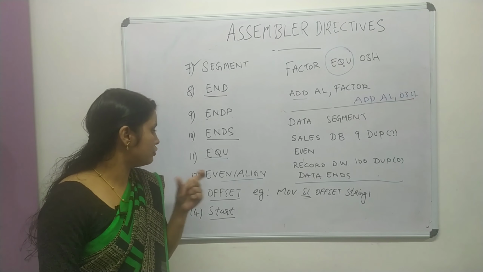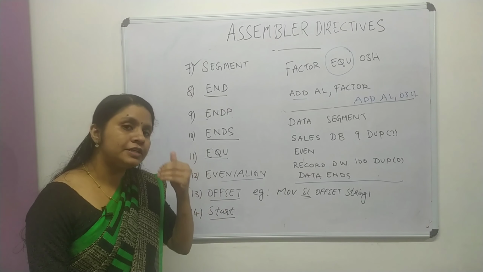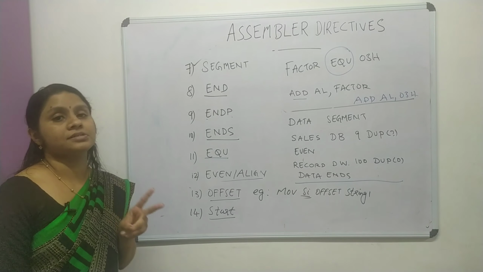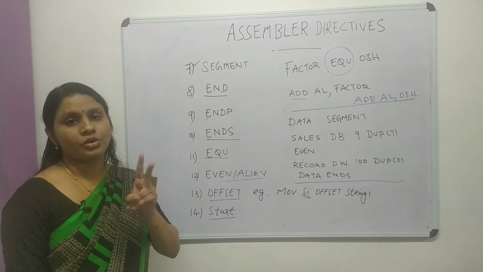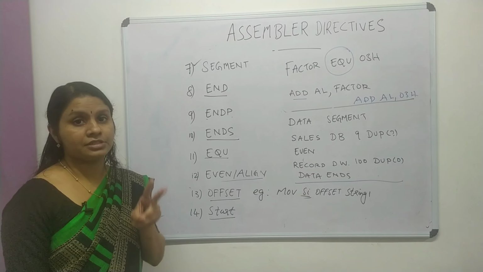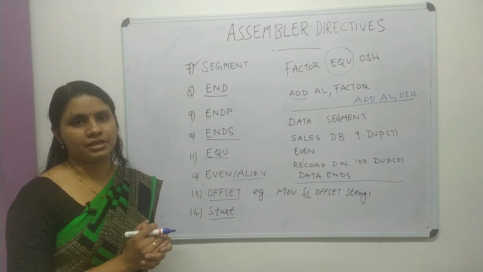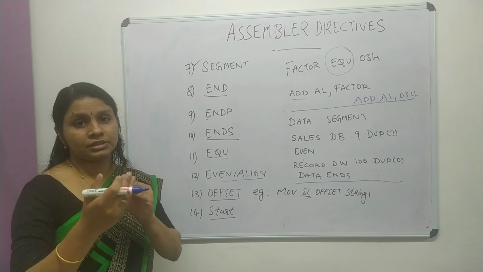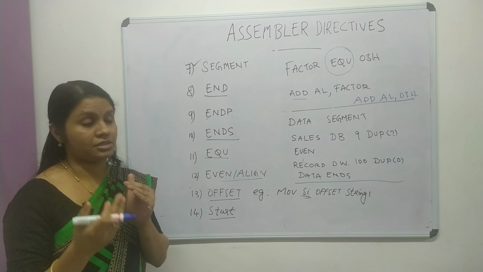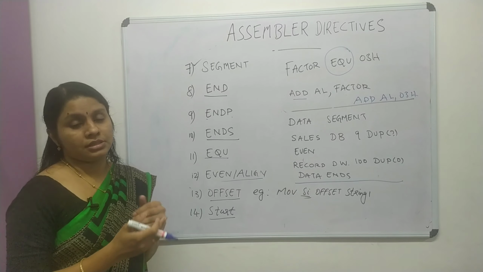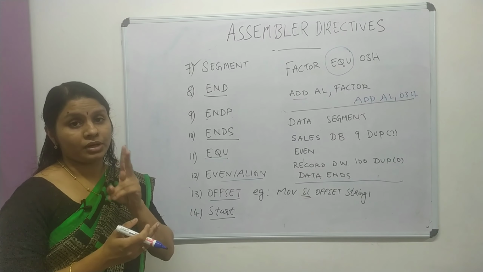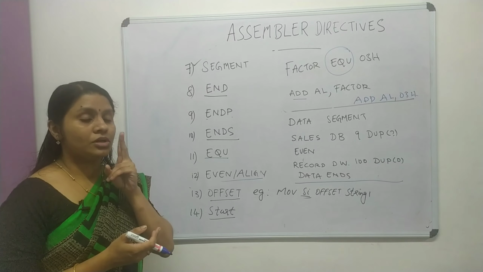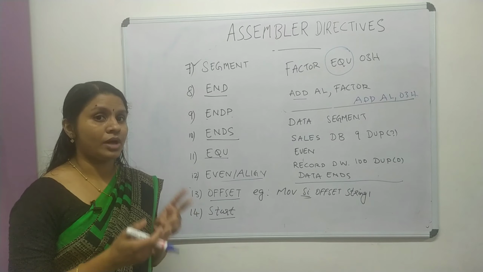If it is at an odd address, the 8086 will take 2 bus cycles to access the data from the memory.